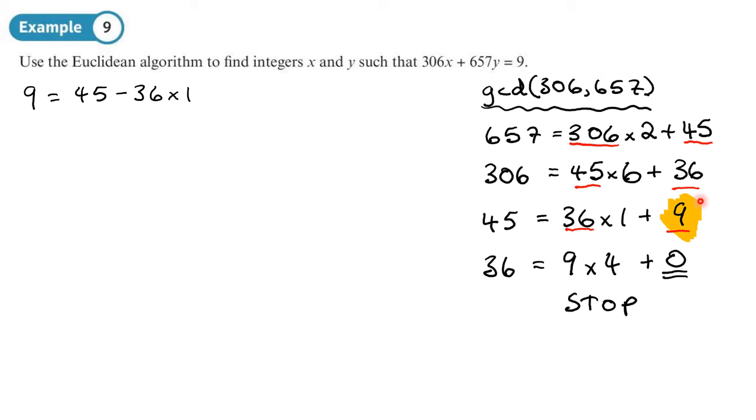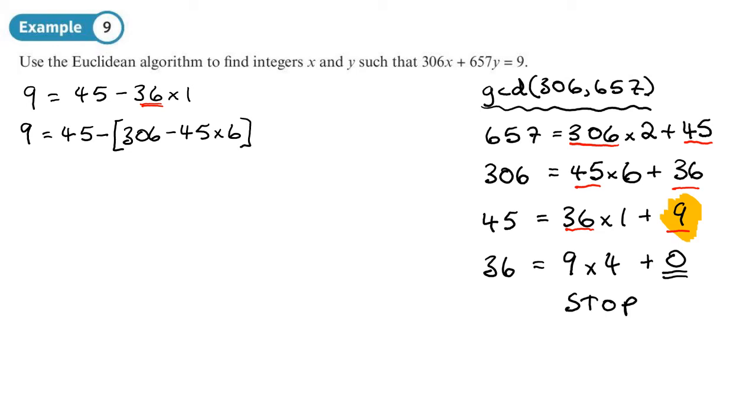Then you look at your previous line of working: 36 equals 306 minus 45 times by 6. So the 36 I will replace with 306 minus 45 times 6.